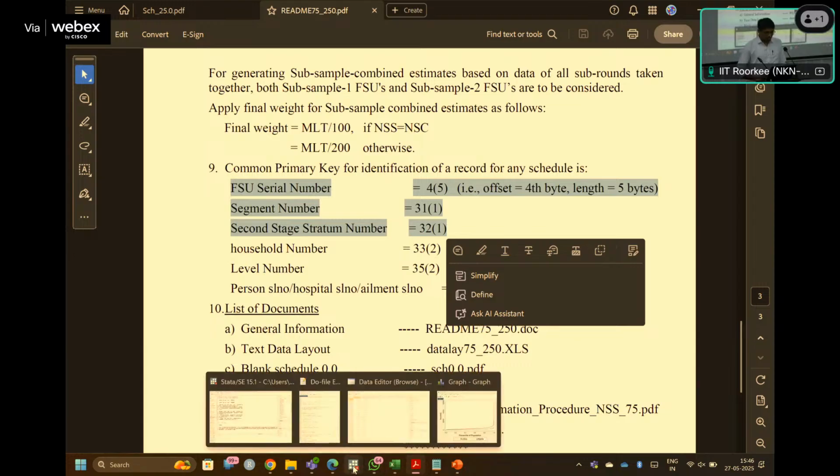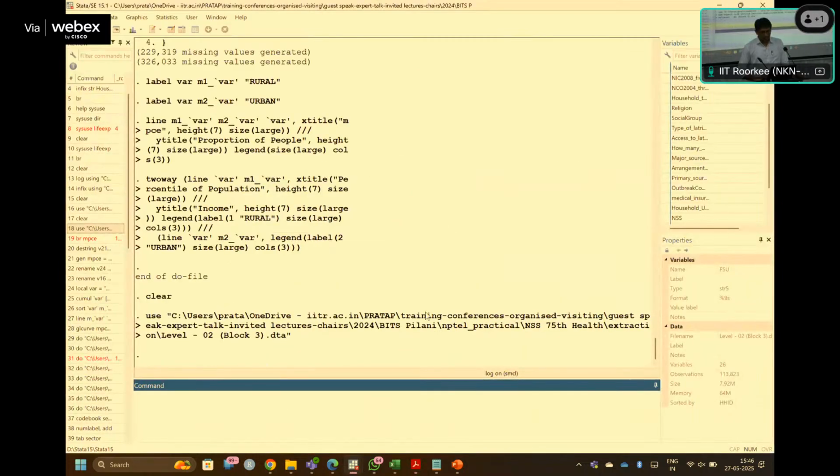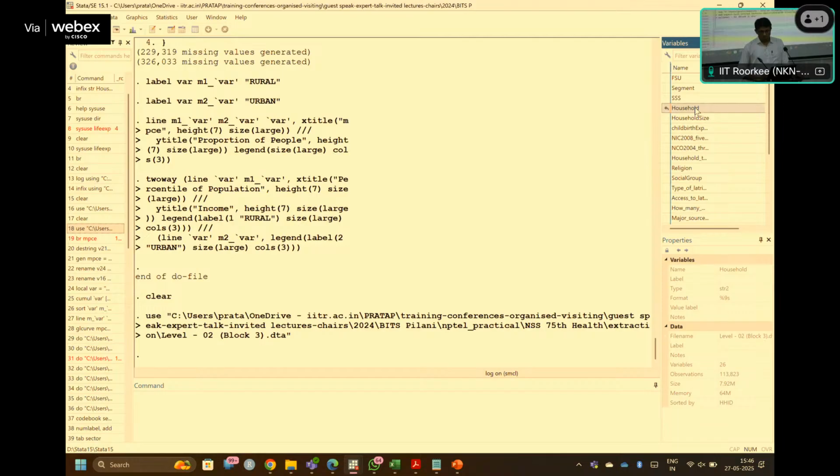So here the unique ID is FSU, segment number, then second stage stratum number, then household number. So the first thing is to check whether we have those variables or not very clearly: FSU, segment, second stage stratum, and household. Since we have opened the household file, we don't have the individual serial number at this moment. We have only our household serial number. These are all available in the layout file, and from there we extract them.